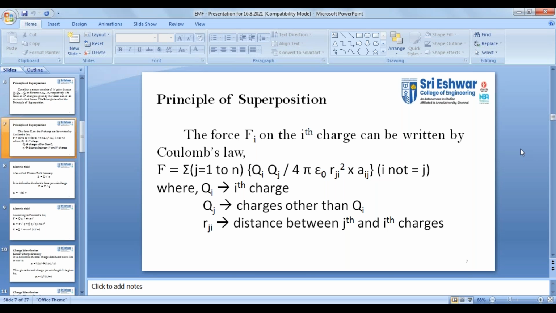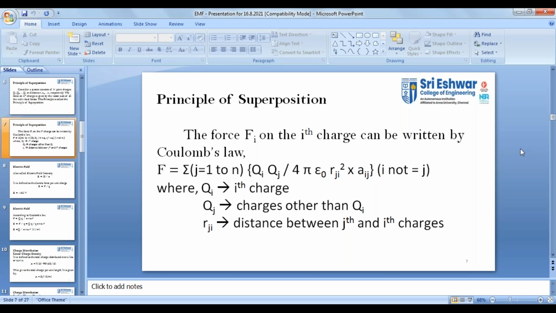Only one condition here is that i value and j value should not be equal, then only it is valid. i not equal to j, where qi is the ith charge, qj are the charges other than qi. See, whatever charges are available other than qi, those charges I'm taking as qj, and rji is the distance between the jth and ith charges.